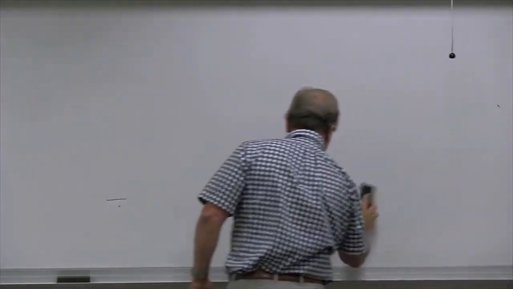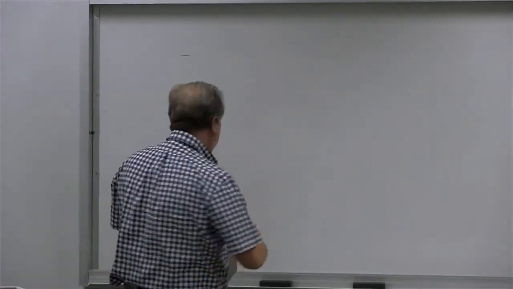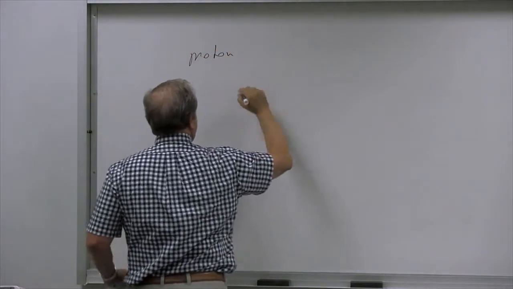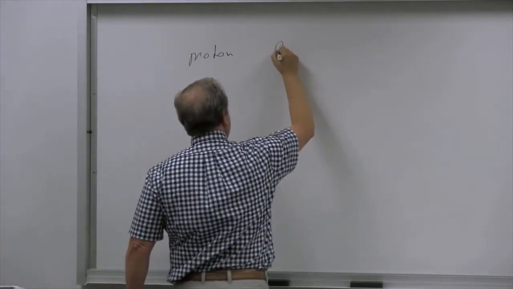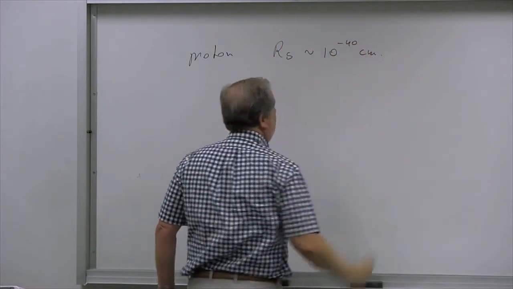And so we found out that, for example, for a proton, the Schwarzschild radius is about 10 to the minus 40 centimeters, right?